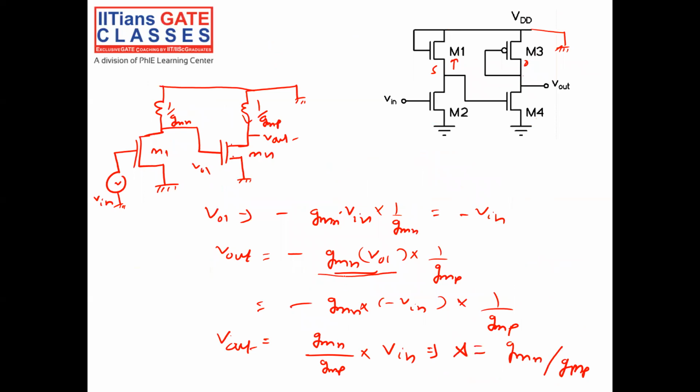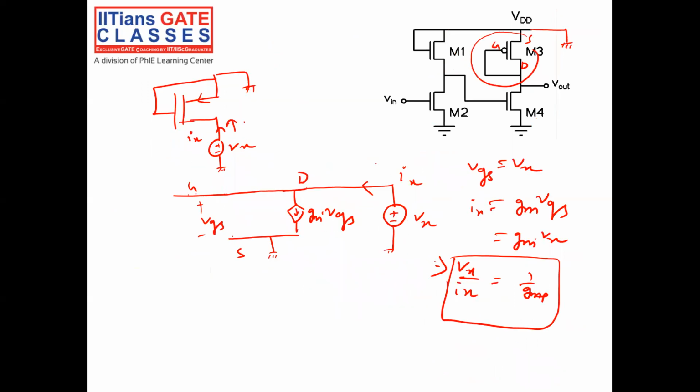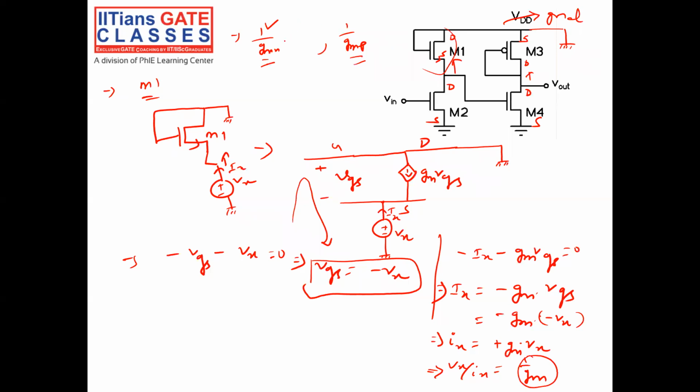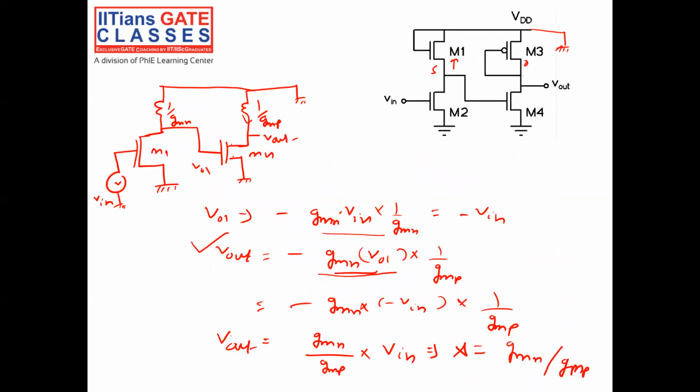This is the first stage gain, and this is the second stage gain. So it will come in one step if you already know these resistances. Because we do not have much time in the exam, we should not derive this in the exam; directly use the resistances and calculate the gain.